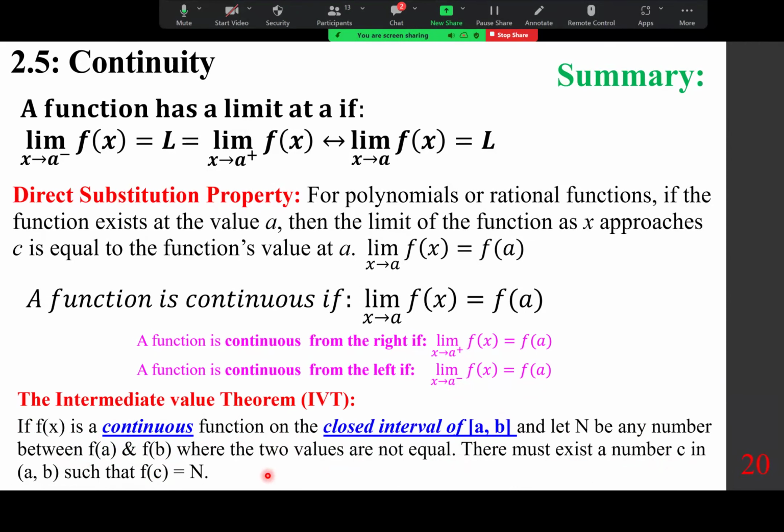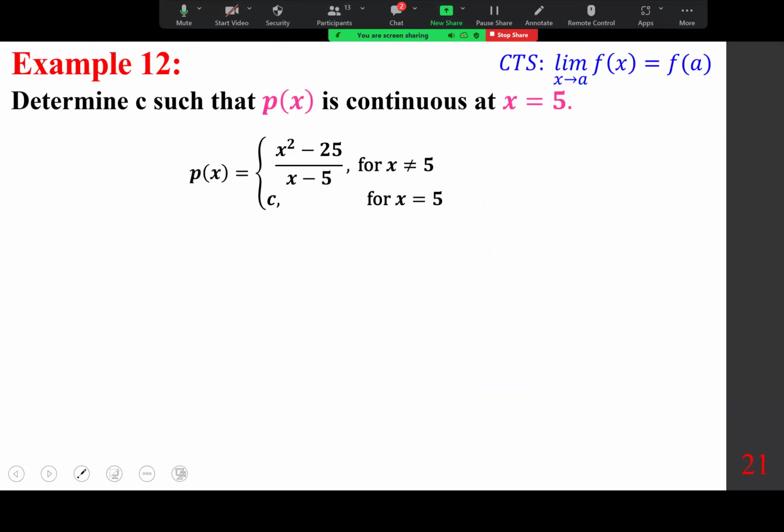And this is used to find and prove that there is a root for a function, because normally they go with two values where one is negative, one is positive, and 0 is in between. Let's see what we mean by that. Let's start by looking at this simple example.